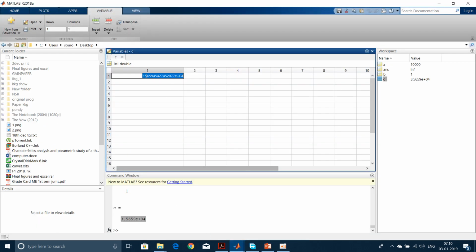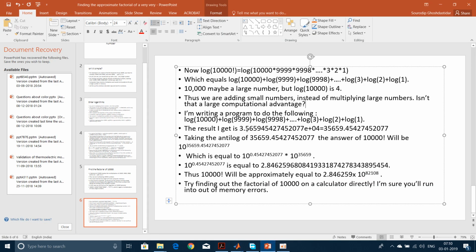So see, 3.56594 into 10 to the power of 4. Sorry, this is the logarithm of 10,000 factorial.